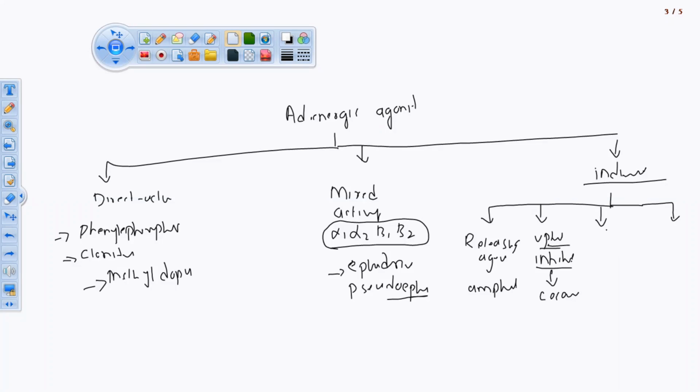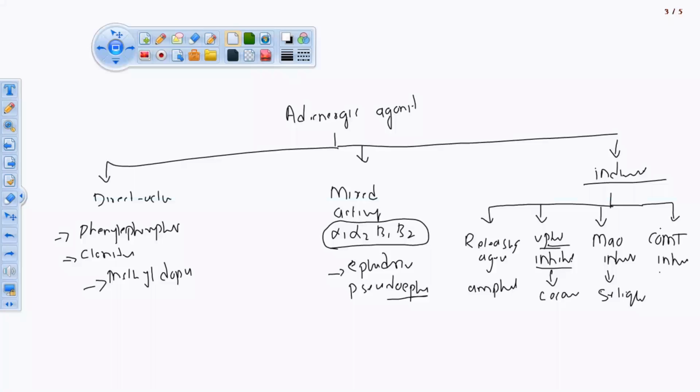Then monoamine oxidase inhibitor, we saw the drug selegiline. Then COMT inhibitor. Different kinds of COMT inhibitors are there, but no example of drug is there in your syllabus. So now classifying the drugs of the adrenergic receptor came in the exam.